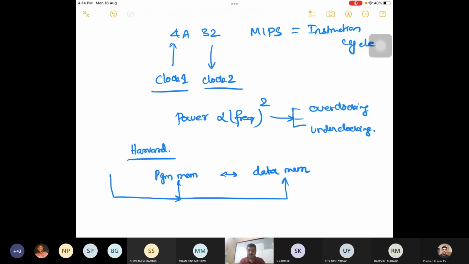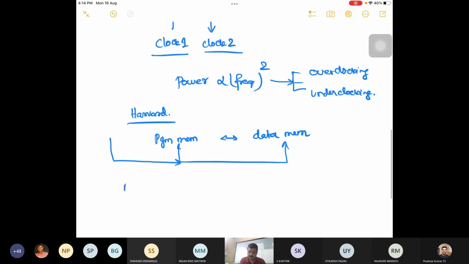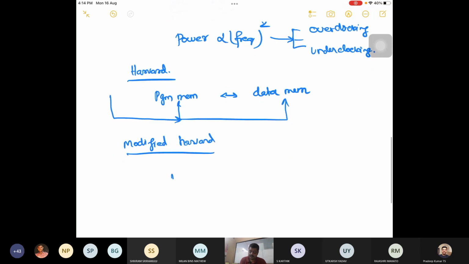But after that, from the same Harvard, they designed another thing called the modified Harvard architecture. What they suggested is program memory plus data memory and prefetching. Prefetching means fetching the next instruction. Some initial context of the next instruction is also fetched by the previous instruction.